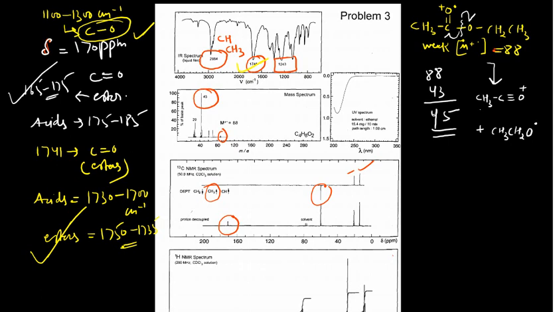If you calculate the weight of this one, 12 into 2 is 24, 24 plus 3 hydrogens plus 16, that will give you 43. So you have the peak at 43 here, you see. This 43 is due to this particular ion, M by Z value. So the mass spectrum is confirming this.